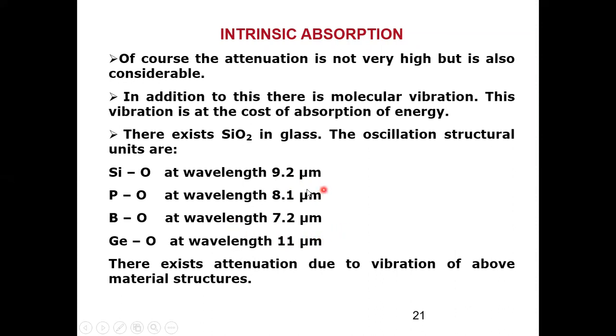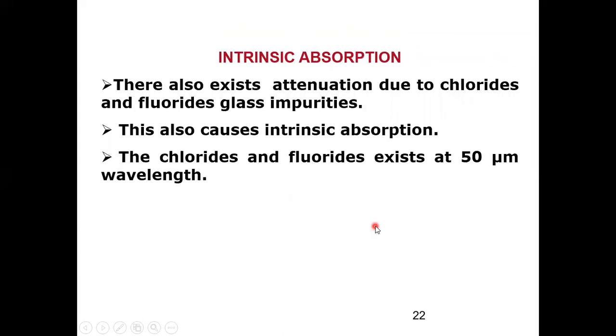There was oscillation happening, and due to oscillation there was absorption of energy, so there is attenuation due to vibration of the material structure. There was no external impurity, but the pure silica only behaved in that particular way.